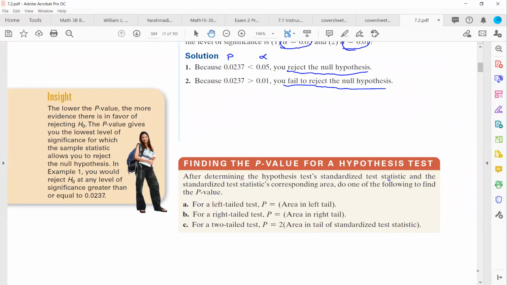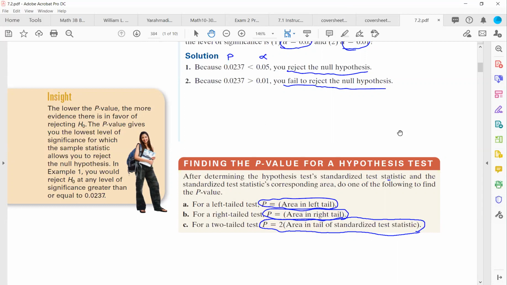Then, if you have a left-tailed test, the p-value is equal to the area to the left side of the region in your normal distribution. If you have a right-tailed graph, again, the p-value is equal to the area on the right-hand side. For a two-tailed test, the p-value is 2 times the area on one of the tails of your graph. That's how we find the p-value.